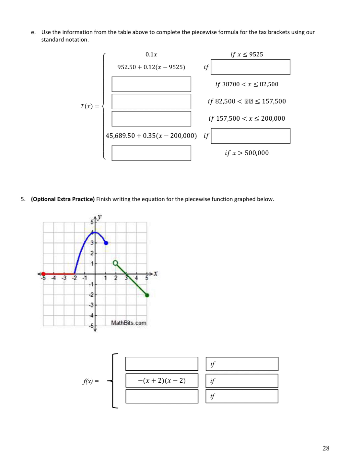Okay, so now we want to use all this info to write formulas for the tax code. If you make up to $9,525 a year, you get taxed at 10%. So this is the tax amount.